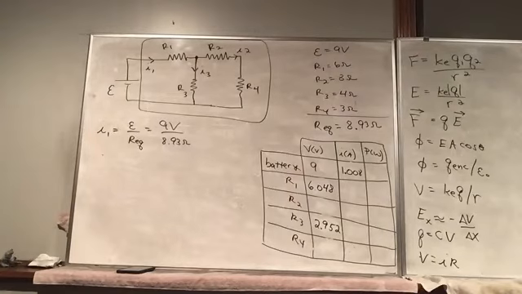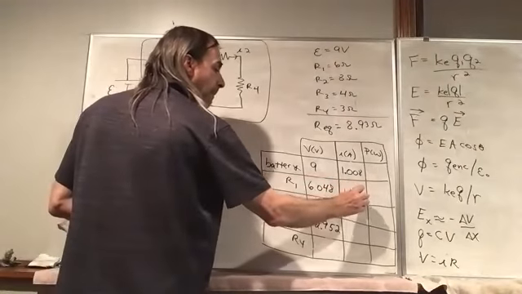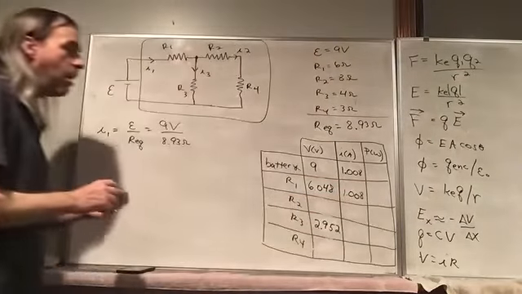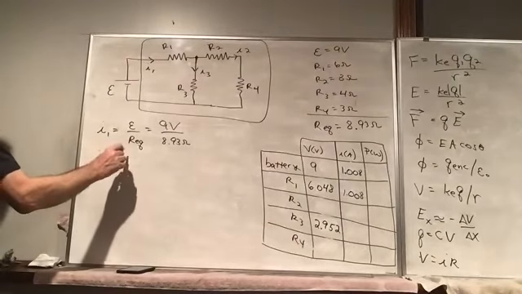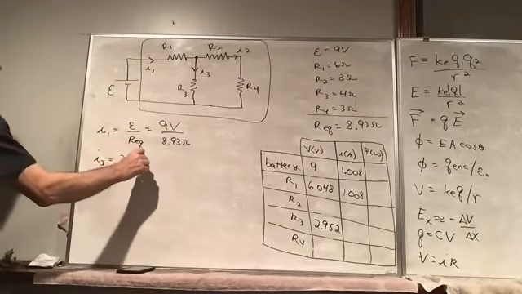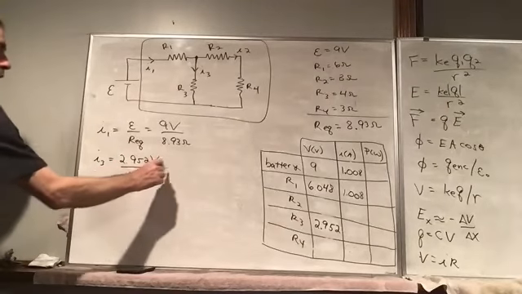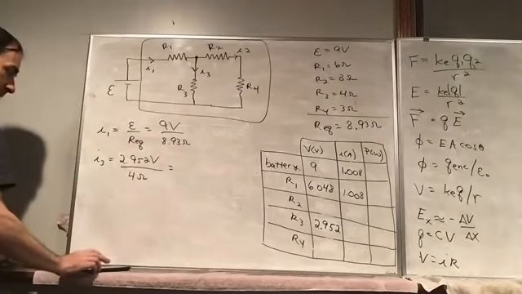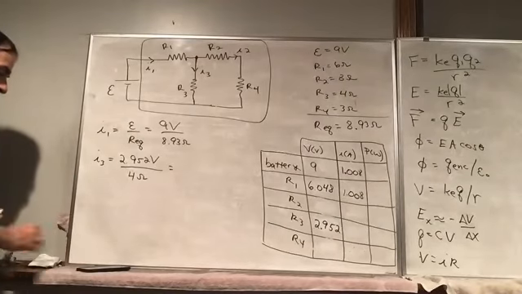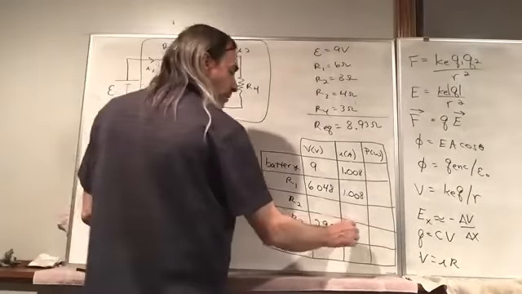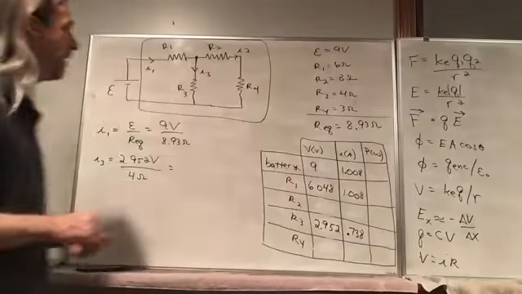All right, so now let's find the current here. Now for R3, I3 would be 2.952 volts divided by 4 ohms. So a volt over an ohm is an amp. So 0.738. So that's the current.